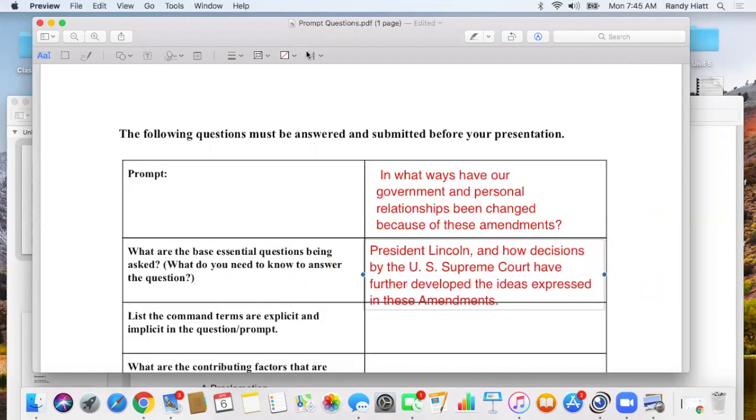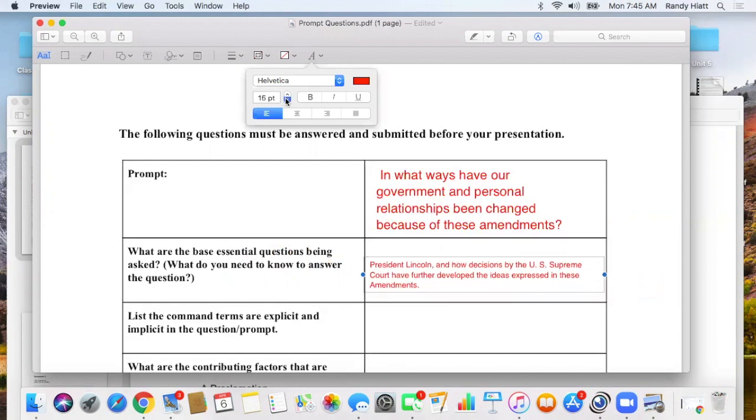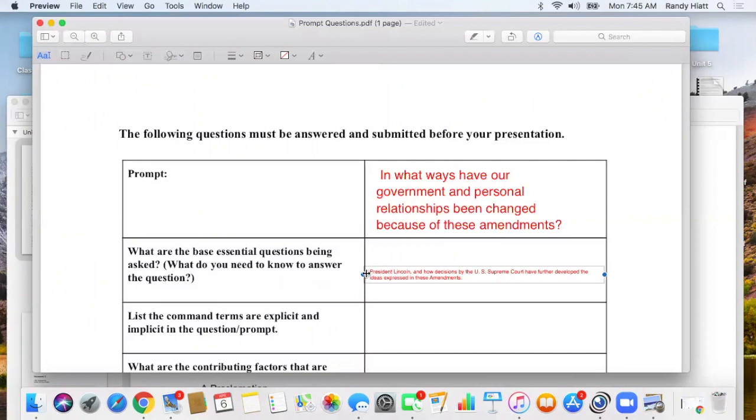Okay, now I know that I'm probably going to run out of room here, but there's one thing I'm going to look at. Now we want to break down the rest of the prompt. So when we're looking at it, in what ways have our government and personal relationships been changed because of these amendments?